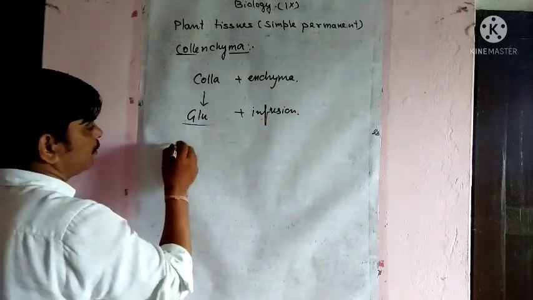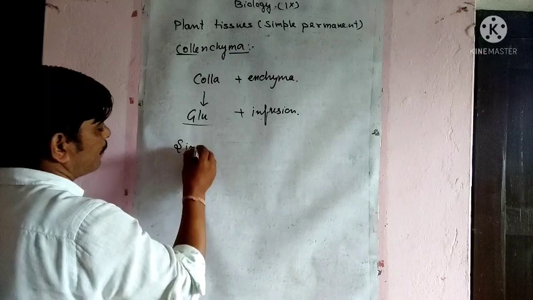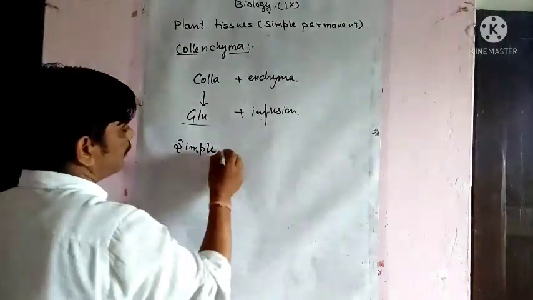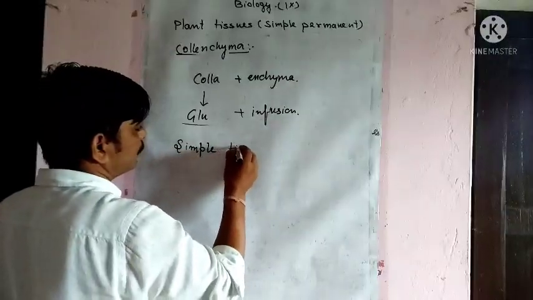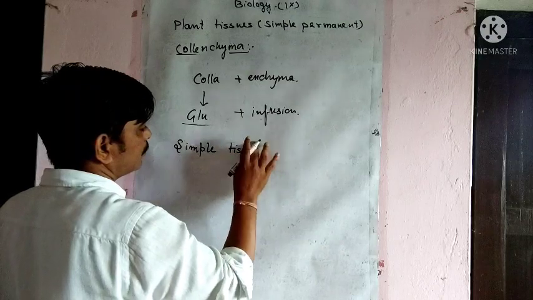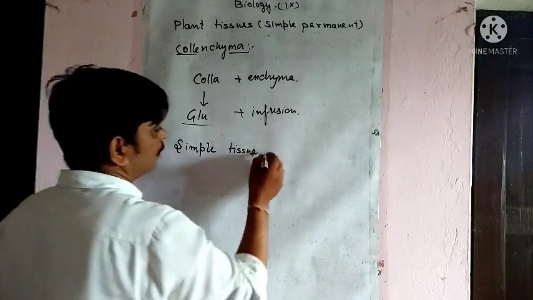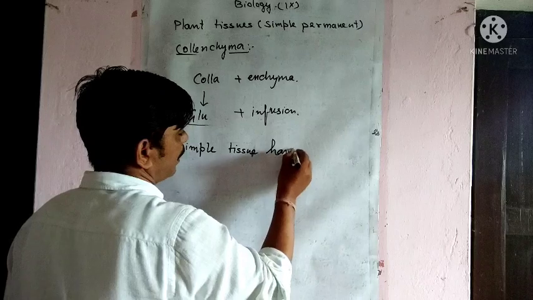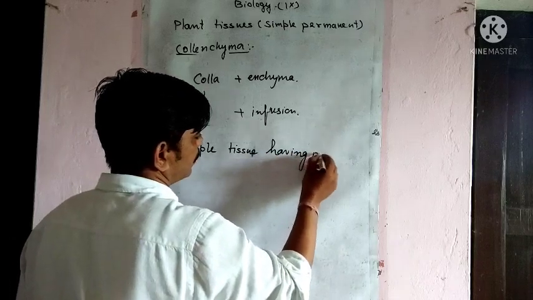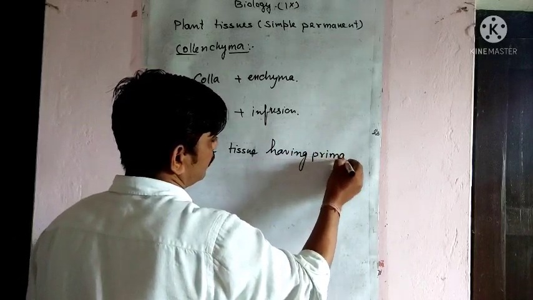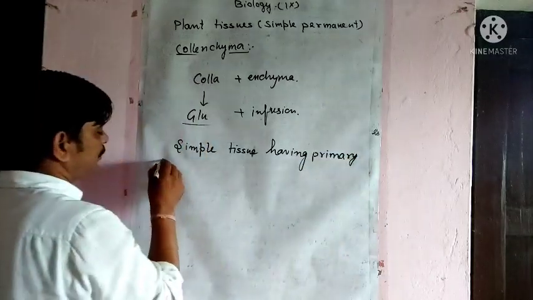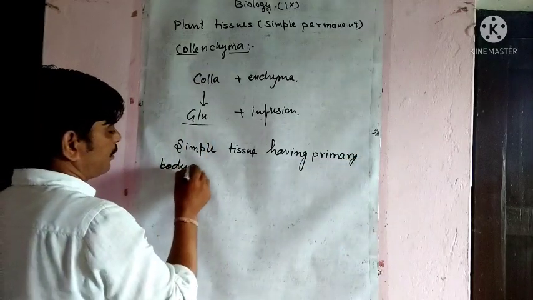Collenchyma are simple tissue having a primary body, like parenchyma.